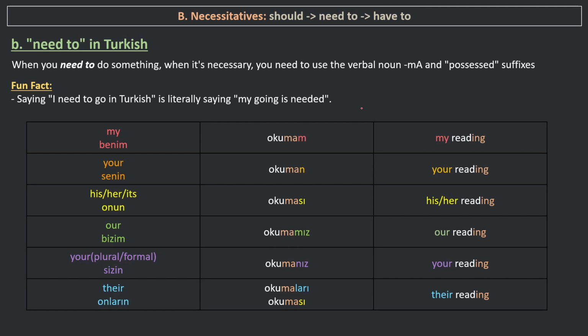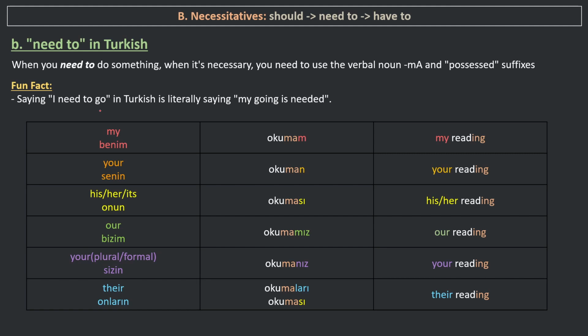And the way we say that in Turkish, as the fun fact says here, saying I need to go, wait, I need to fix this here. I need to go is, of course, not what it literally means.